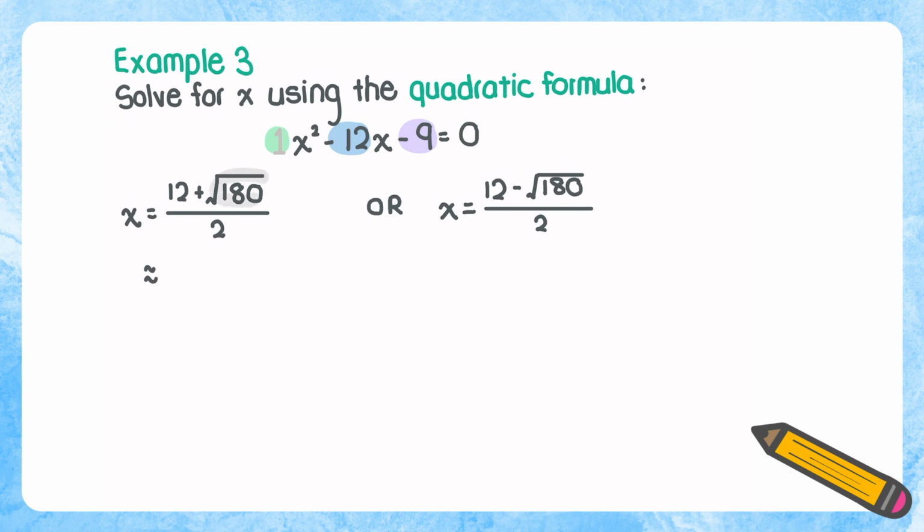So we have approximately, for the first option, 12 plus 13.42 over 2, which is approximately 25.42 over 2. So for our first potential solution, x is approximately 12.7.